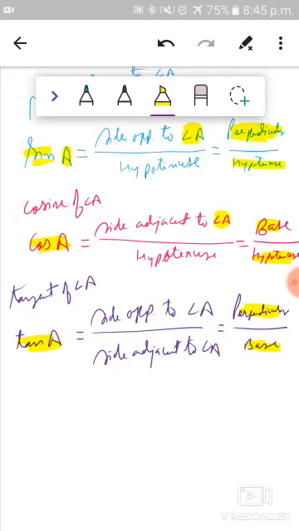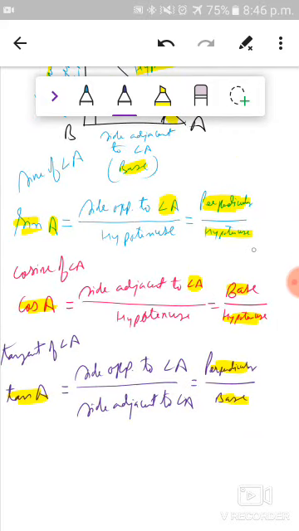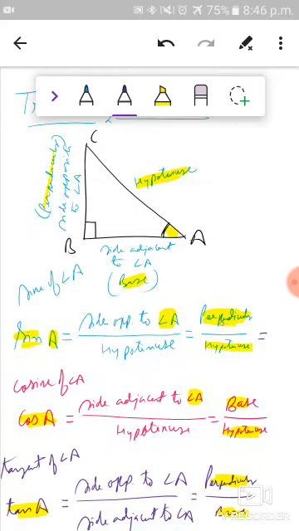Now let me write here. You see what I am writing. Sin A is perpendicular upon hypotenuse for angle A, which is the opposite side, that is BC. And hypotenuse is AC. So in this case, sin A is BC by AC.